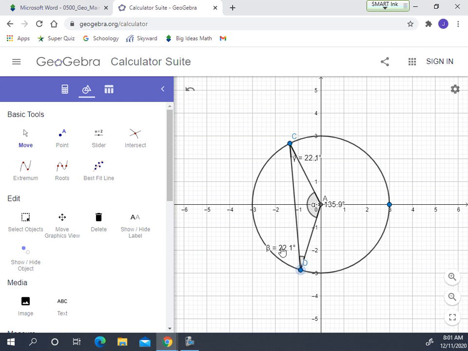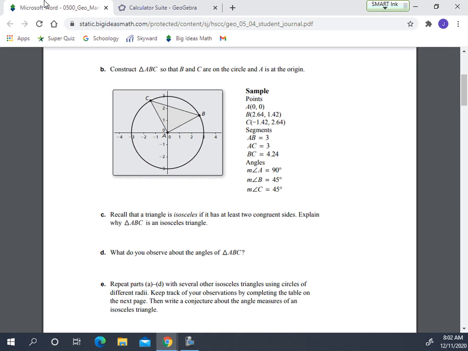Oh, I didn't want to move that. 51.9, 51.9. Can you even get these to match up? Look at that. Okay, 76.1, 76.1. No matter what, those 2 angles stay the same. Okay, and that's going to lead us right into this lesson.